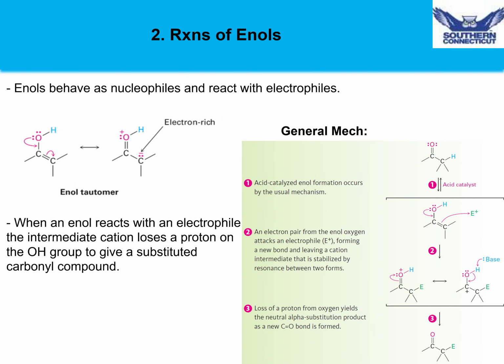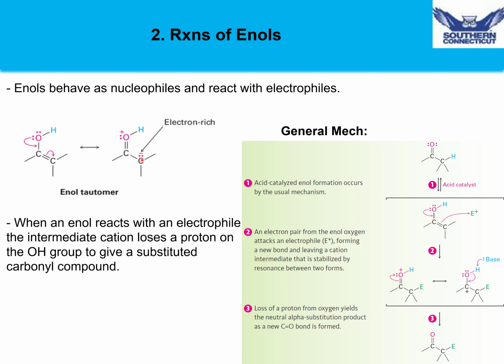The enol form of a carbonyl compound essentially makes the alpha carbon of a ketone or an aldehyde nucleophilic at that position. We can see this by drawing another resonance form of the enol tautomer. So if we take a lone pair from the OH of the enol and push electrons towards this alpha carbon, we will find this other resonance structure, which has a negative charge on that alpha carbon.